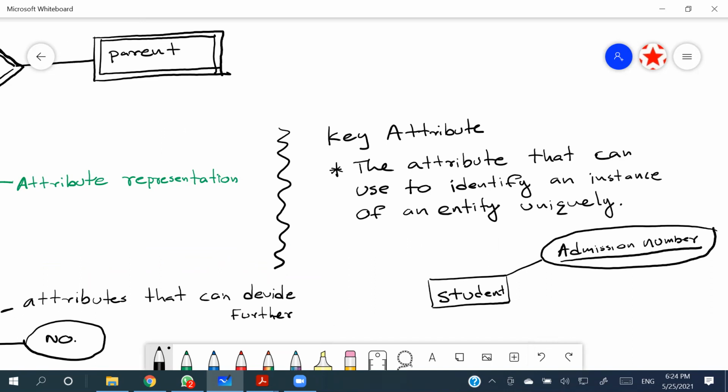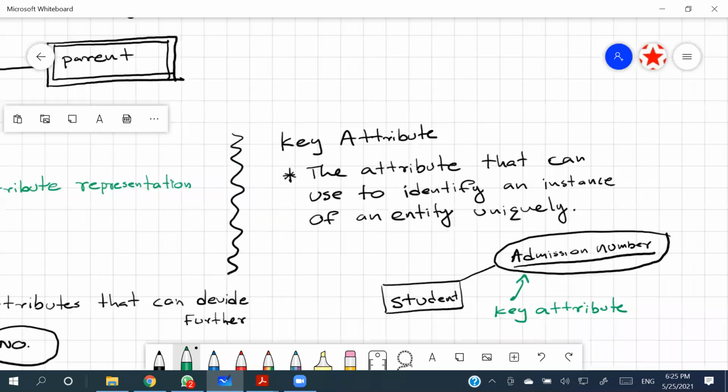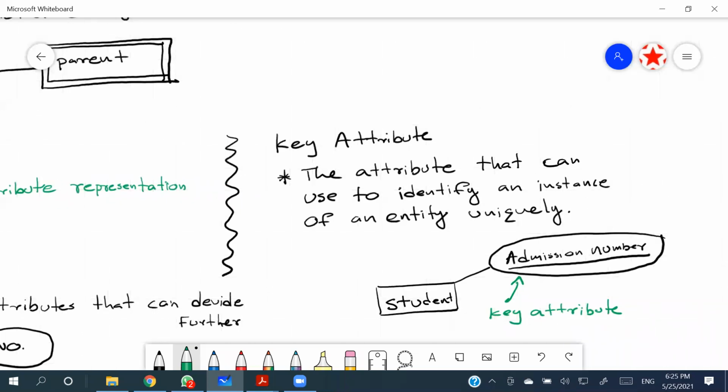That is how we indicate the key attribute. Have this in your notes, the place where we have written about the attributes.